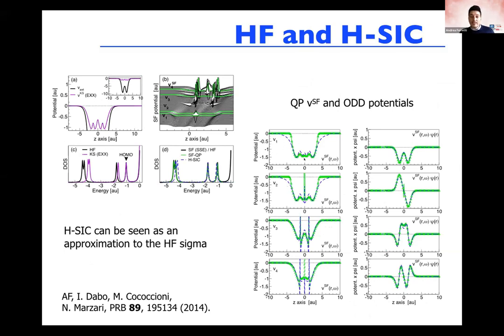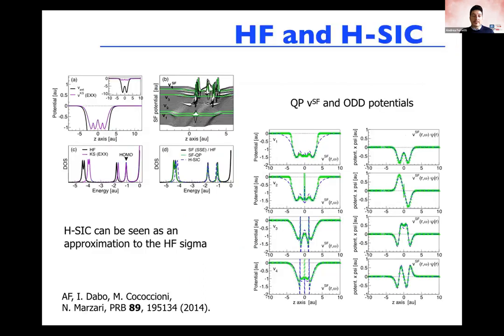And if we look at their shape, we see that in this case, as I mentioned earlier, the Perdew-Zunger self-interaction correction already does a quite good job in describing these frequency dependent potentials out of the Sham-Schlüter. So here we are really matching ODD with the quasi-particle approximations to the spectral potential.